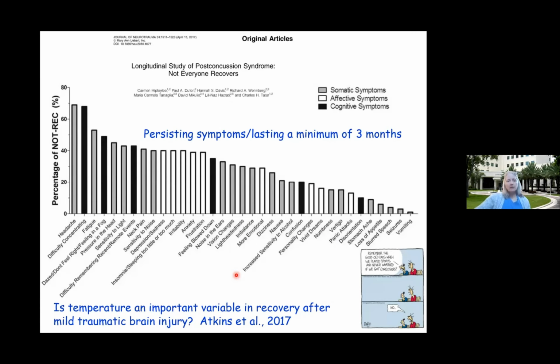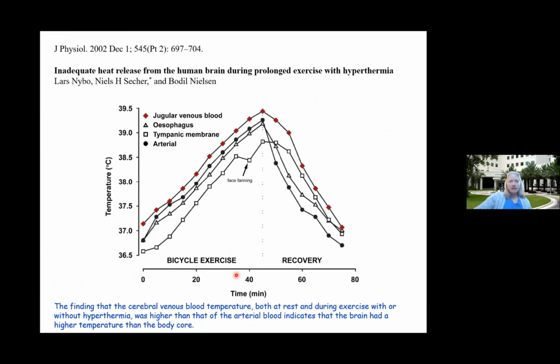This clearly shows that in subjects who exercised, during the recovery period the venous blood temperature was high. It was at hyperthermic levels after bicycle exercise, and during recovery it did drop. But when you compare it to arterial blood temperature, arterial blood was much cooler.